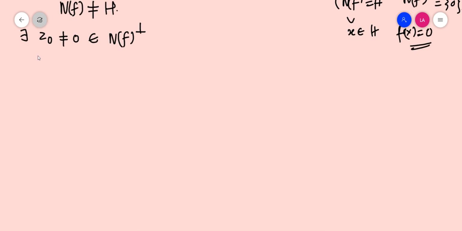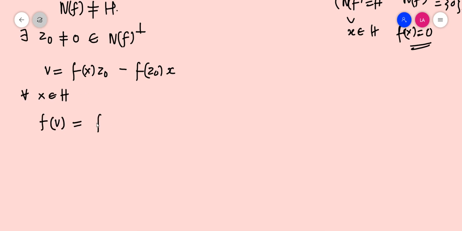Now using this z naught, we will find our z such that f of x is equal to inner product xz. So using this z naught, which is an element of N of f perpendicular, we define an arbitrary element v equal to f of x times z naught minus f of z naught times x. So this is v for all x element of H, where x is an arbitrary element of H. Now f is a bounded linear functional.